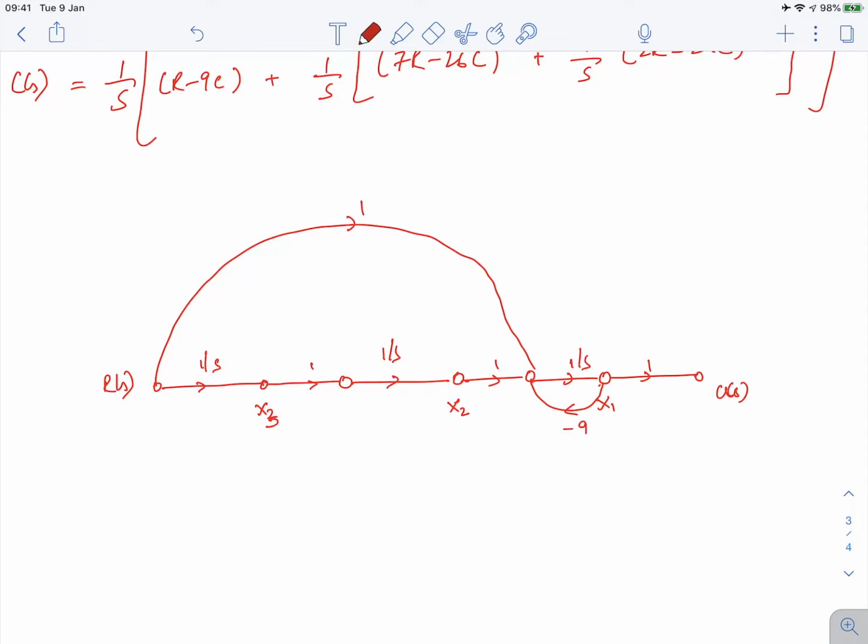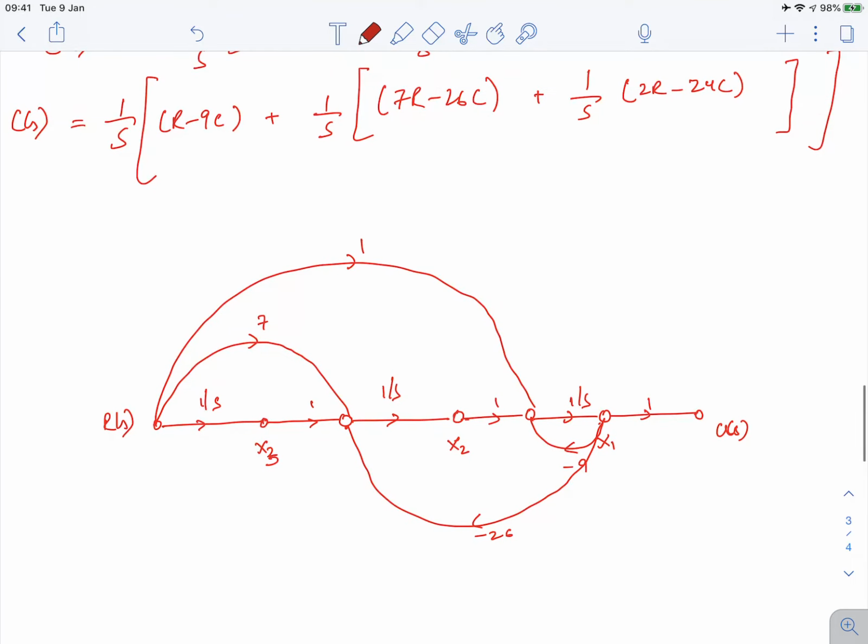Okay. Now the second term we have 7r minus 26c. So to this node we would have 7, and from here we would have minus 26. So we have one node less for representing this 2r.